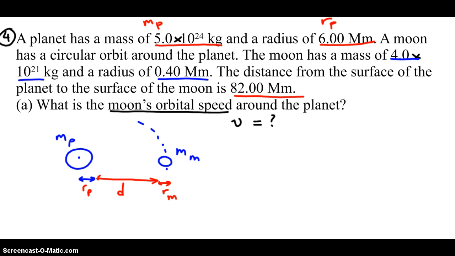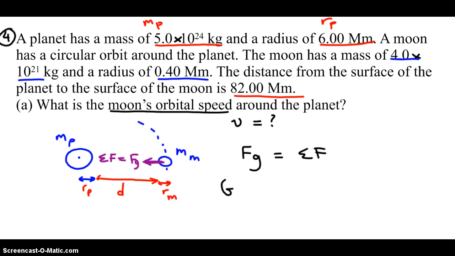The way we find v is by equating two different forces. The moon is moving around in a circle, so it feels a centripetal net force. What provides the centripetal net force? The answer to that question is gravity. So on the left side of the equation, I'm going to put Fg is equal to the centripetal net force.